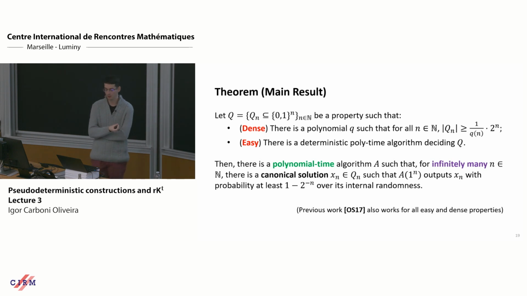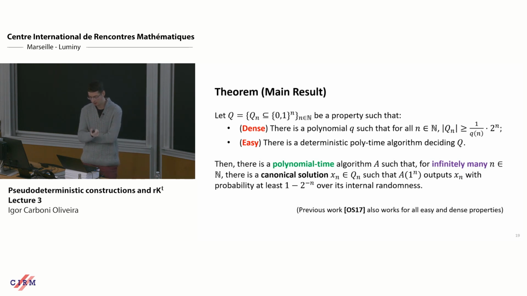So formally, you fix this property Q, and if it's dense enough and it's easy to decide, then we can generate strings satisfying Q infinitely often in pseudo-deterministic polynomial time. Okay? So for every Q, you have a different algorithm that will generate the string in Q.